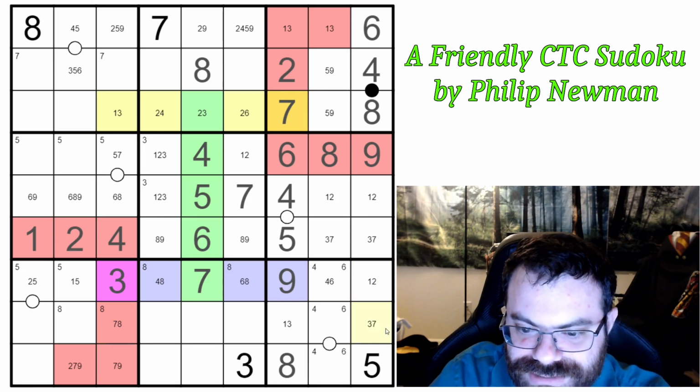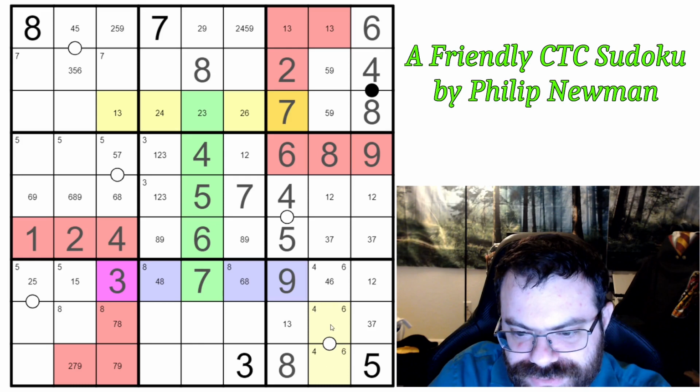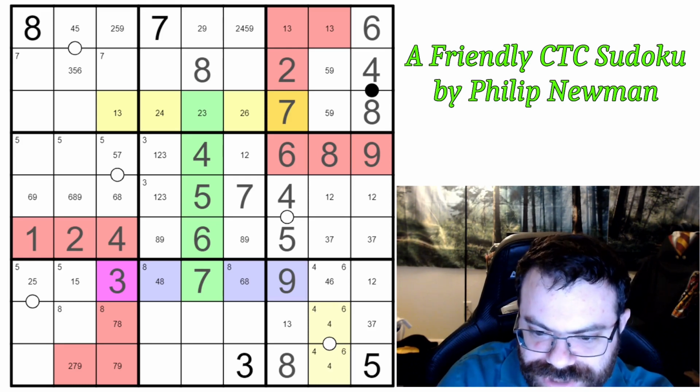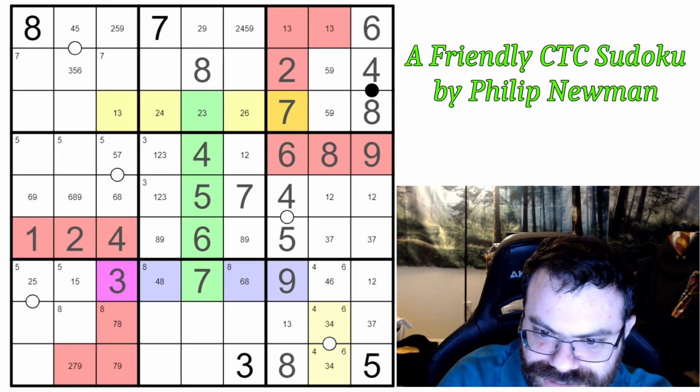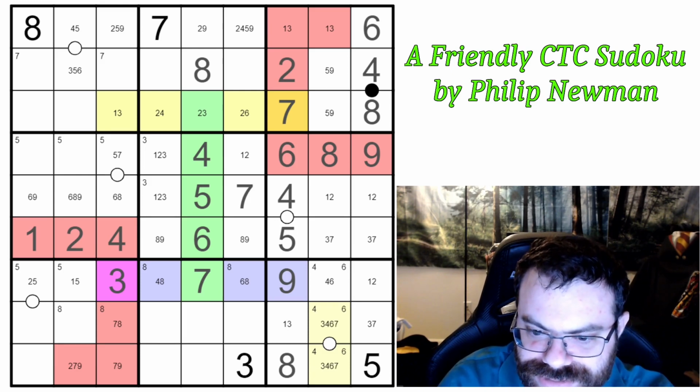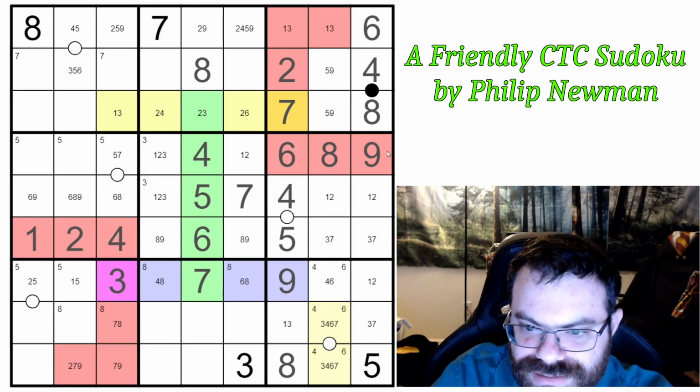I'm not seeing that getting resolved. So one of the 4 or 6 has to be here. So if the 4 were in here, it's with a 3 because we can't be with a 5. And if the 6 were in here, it's with a 7. So two has to be here. That's a hidden single 2, basically.